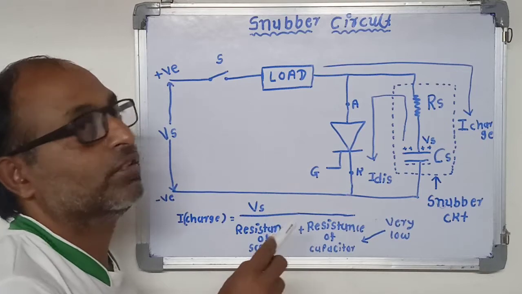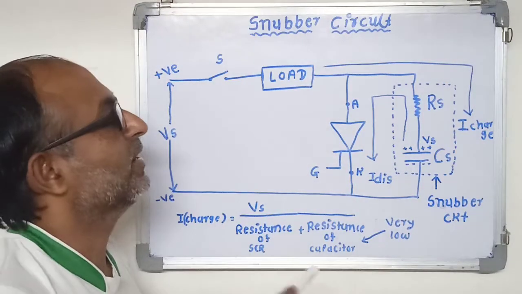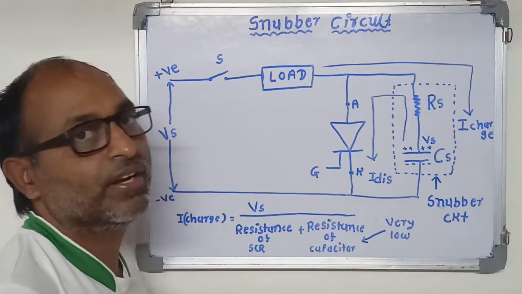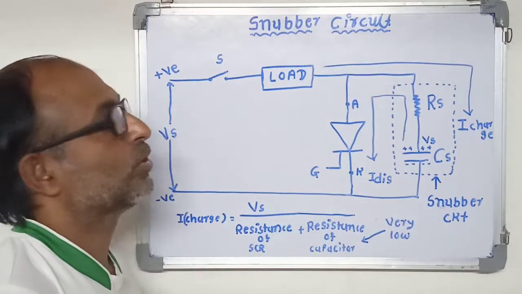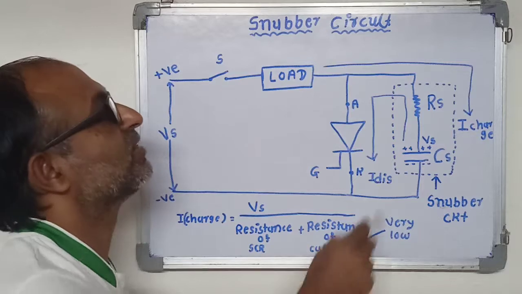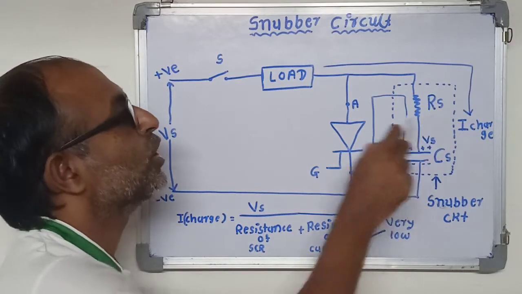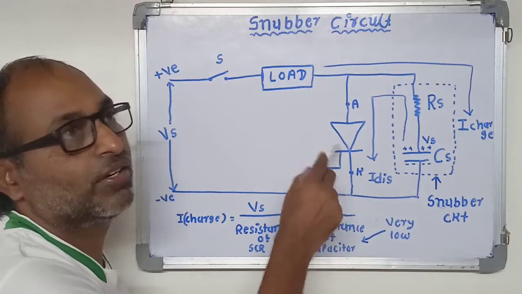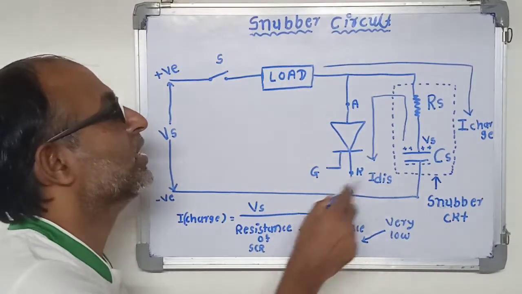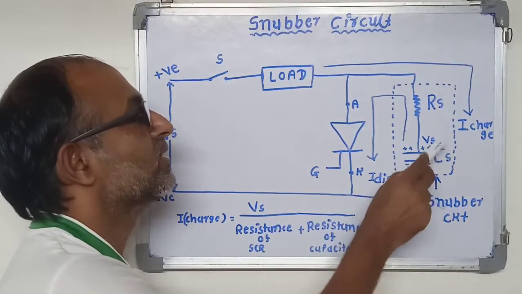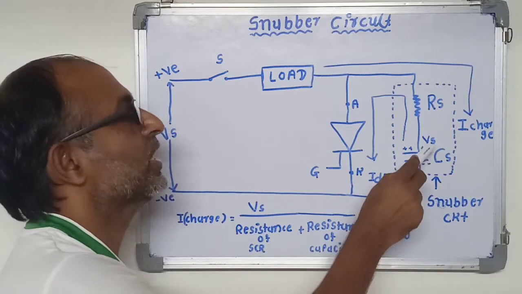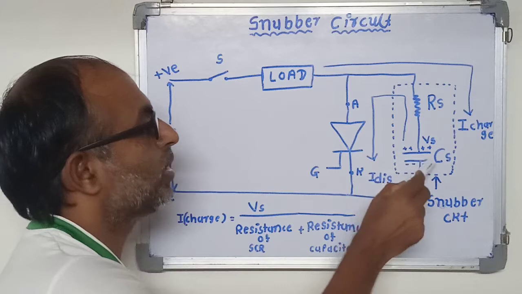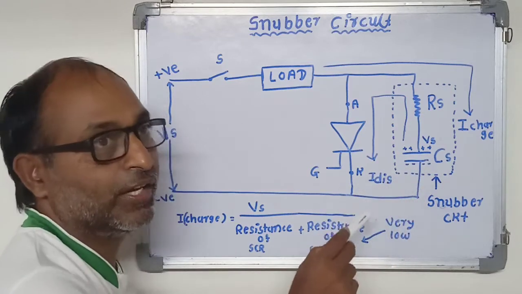Now the question arises: if the capacitor Cs is enough to prevent dV/dt, what is the need for the series resistance Rs? Before the SCR turns on by the gate pulse, capacitor Cs charges to the full voltage Vs, with the upper plate positive and the lower plate negative.